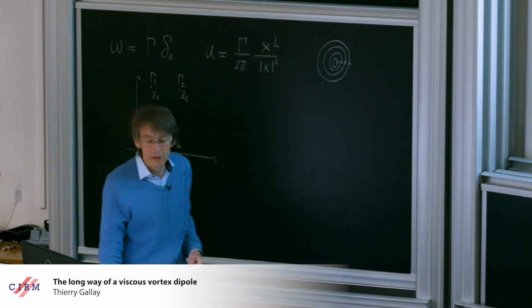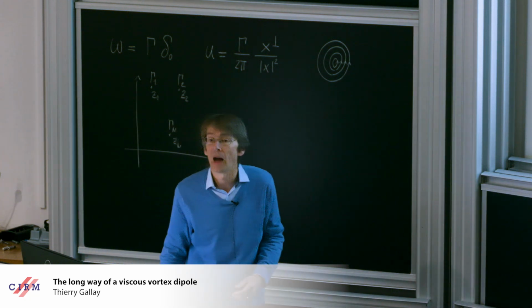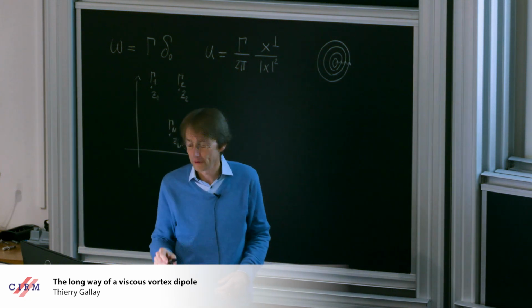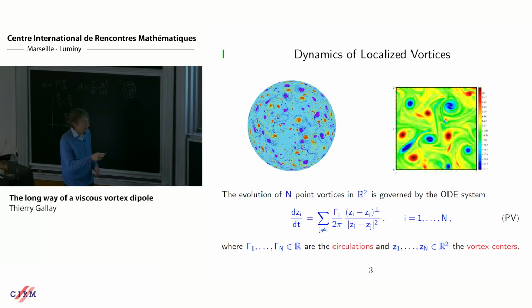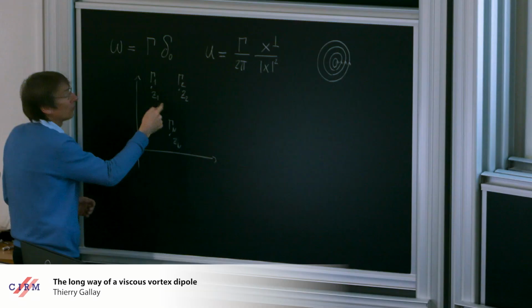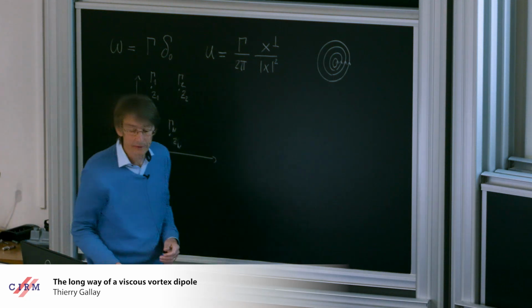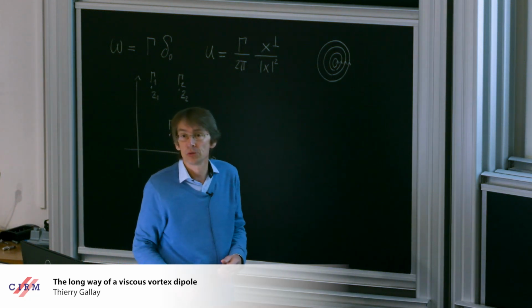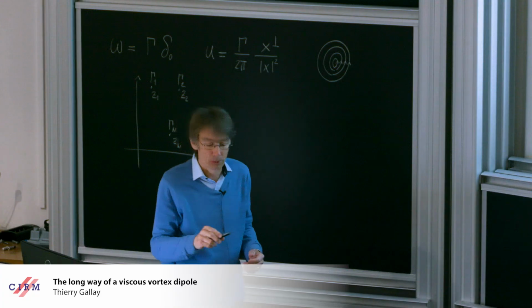And then you write an ODE system for the position Zi of these vortices by just postulating that each vortex is advected by the velocity created by the other point vortices. So at point 1, you compute the sum of all velocities of all other vortices, and you decide that this is the velocity of your point vortex.